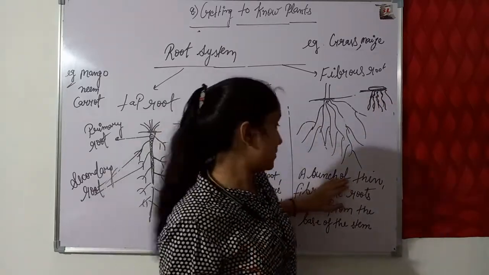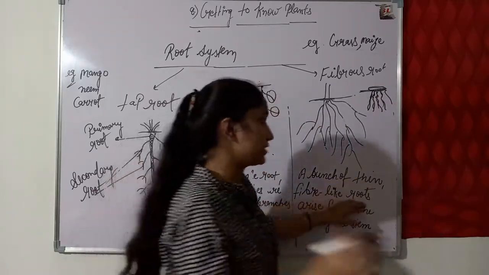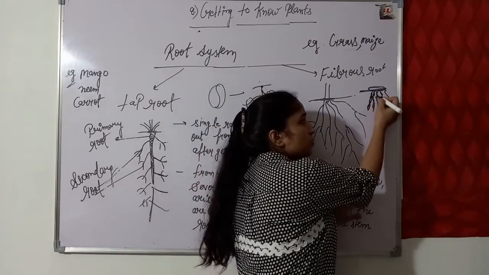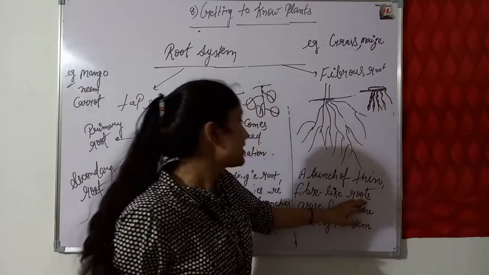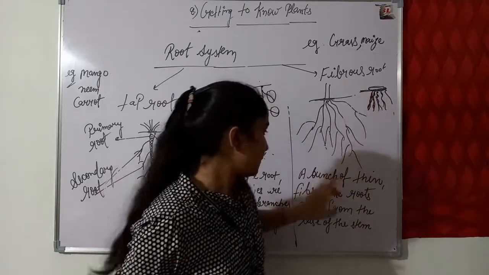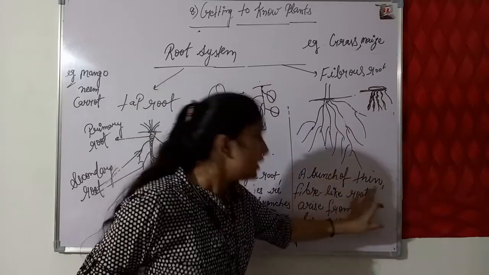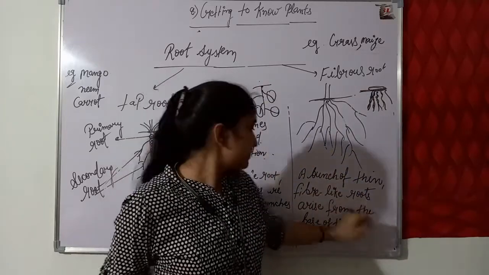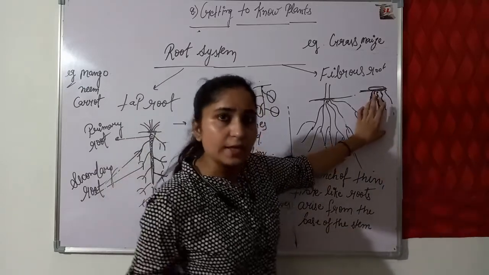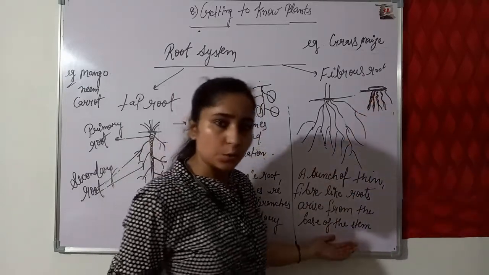These root branches are like fibers, and a bunch of thin fiber-like roots arise from the base of the stem.